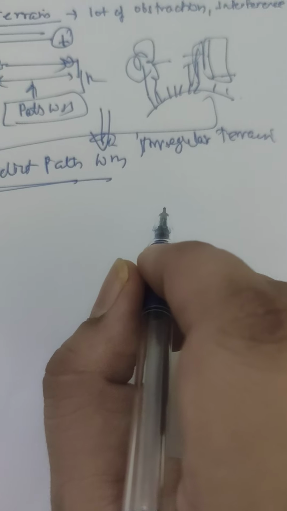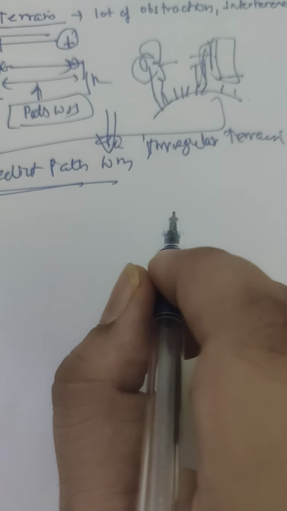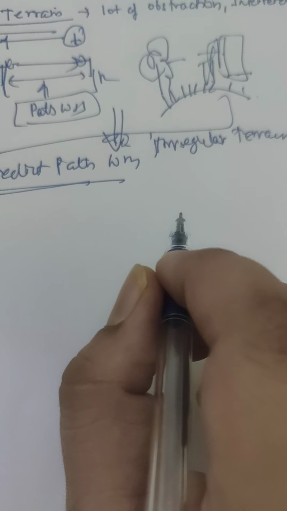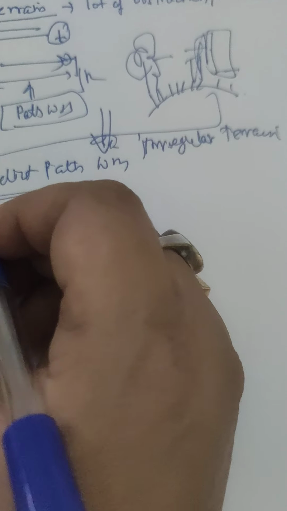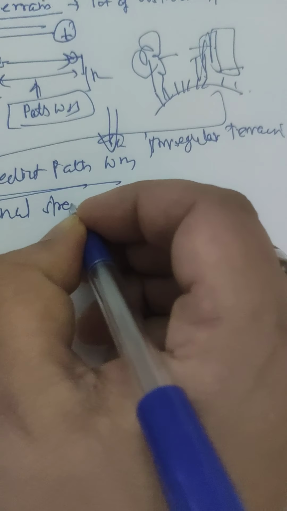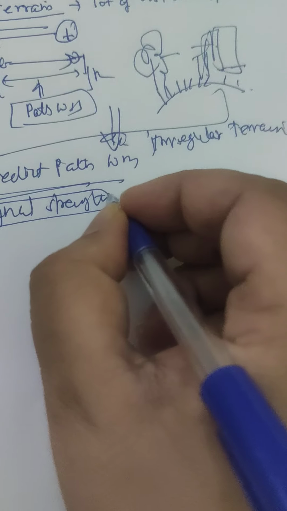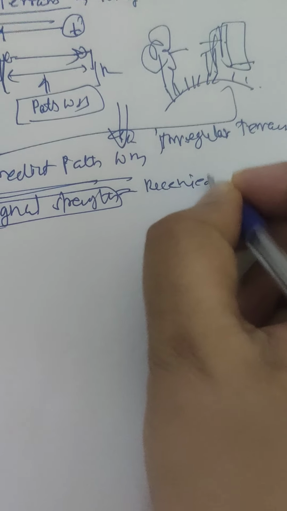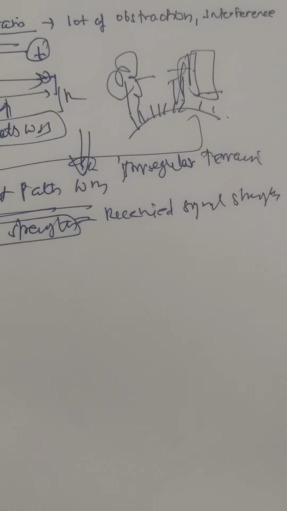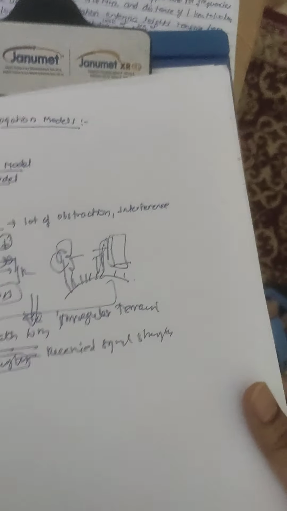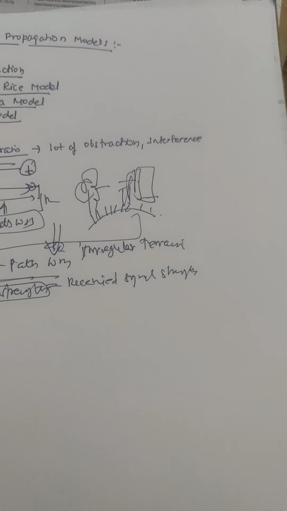So what happens in irregular terrain? A number of propagation models are available to predict the path loss. While all these models aim to predict the signal strength, this means the received signal strength, which we have discussed in the path loss scenario.